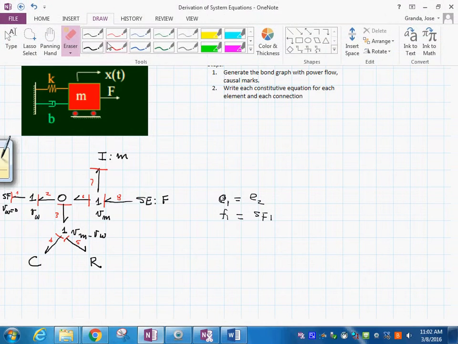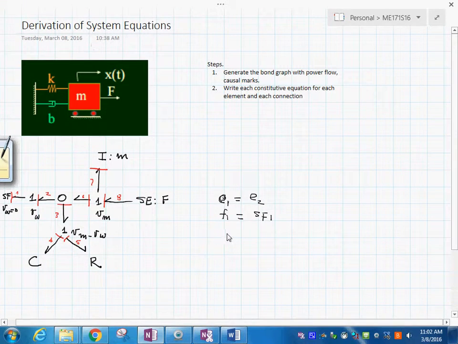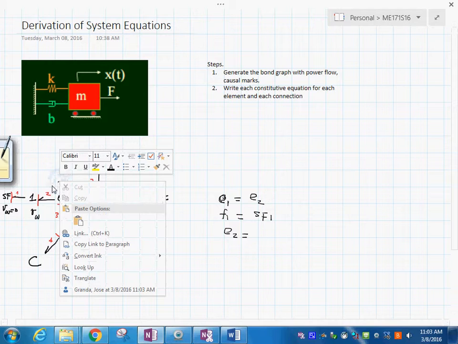According to this picture that we have, E sub 2 is equal to E sub 3 right here.